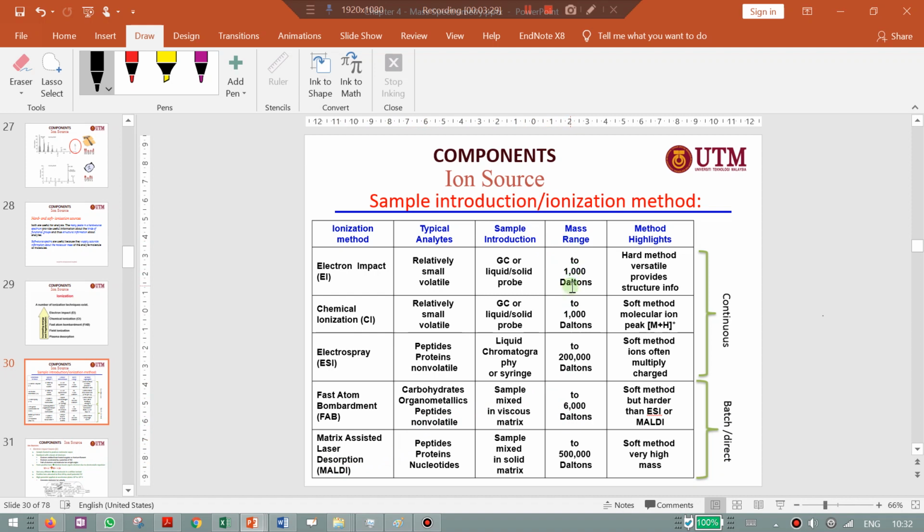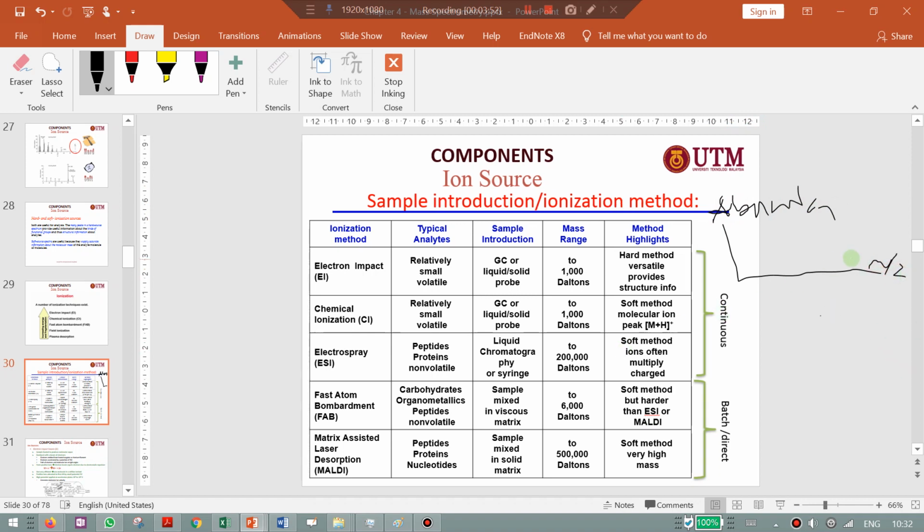Okay, the mass range: electron impact covers 2000 atoms. Mostly it can cover about 1000. For example, if we can draw, we have the abundance over here, and here is your m/z.